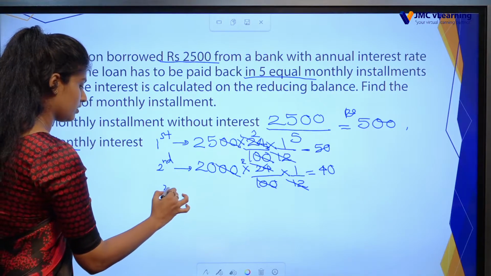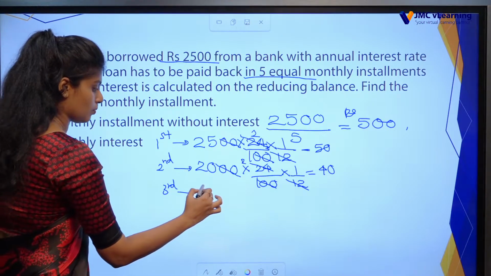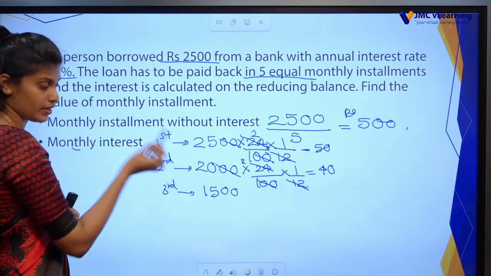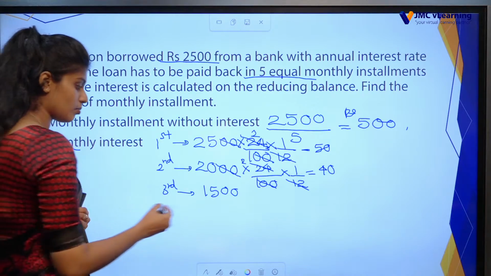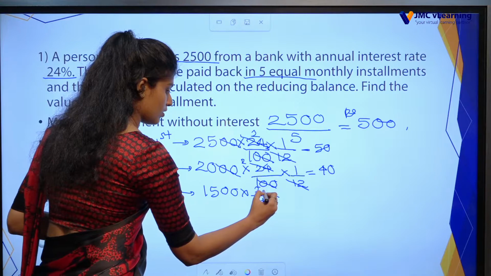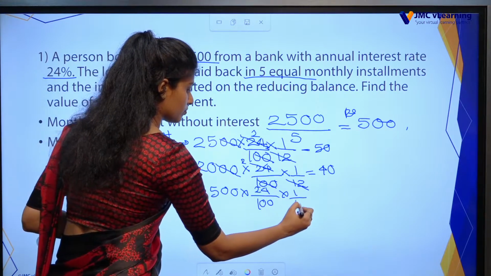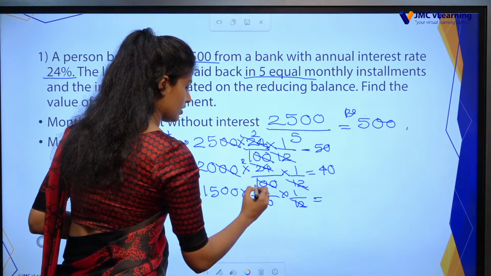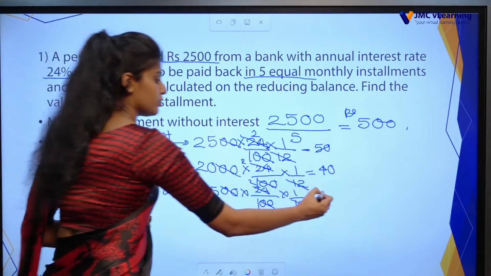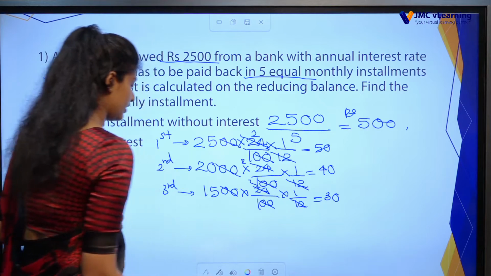And third, 1,500 by reducing 500 from that 2,000 amount. 24 into, then here 2, cut zeros, 15 into 2 is equal to 30.